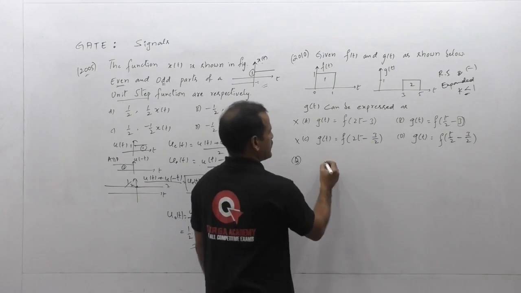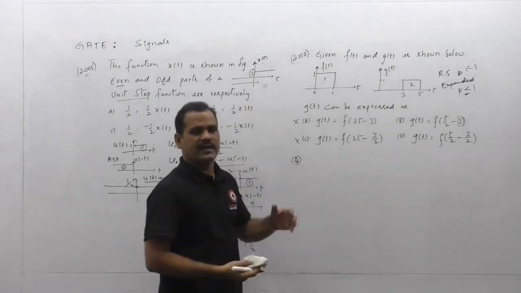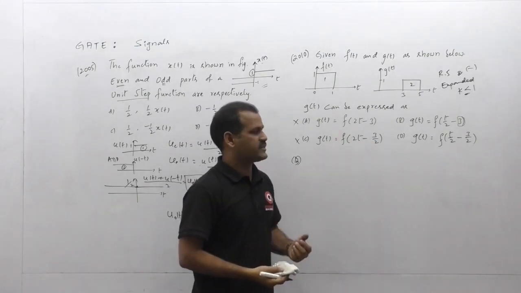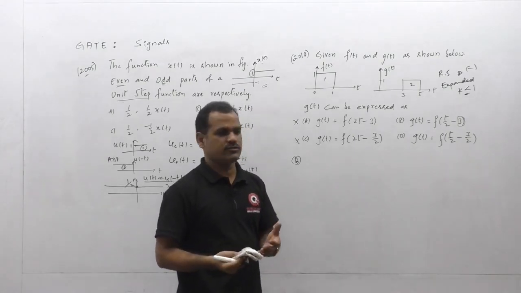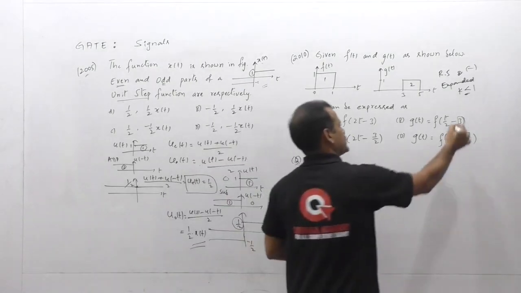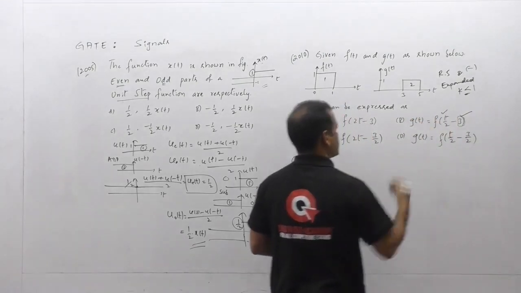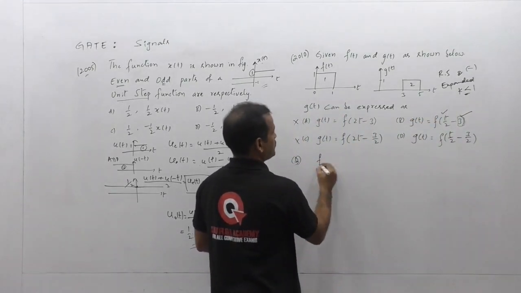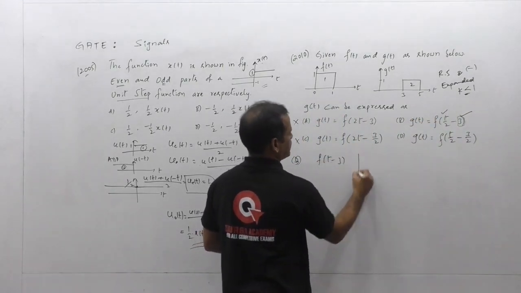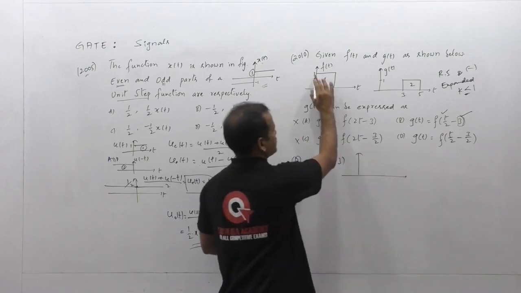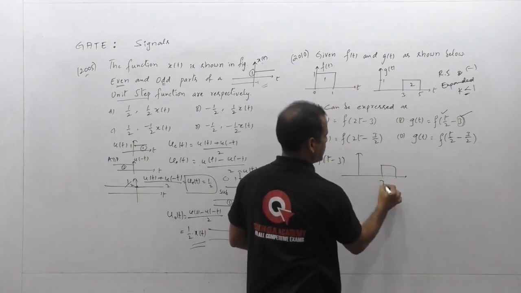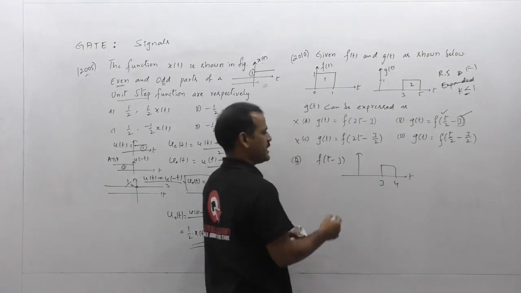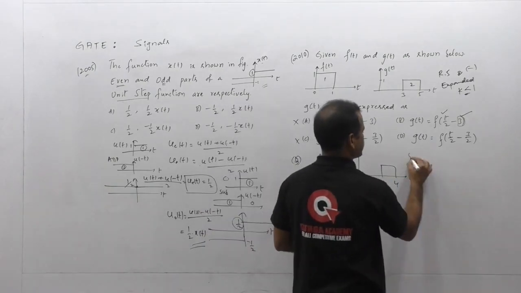Whenever we need to perform shifting and scaling on a given signal, we need to follow the precedence rule. According to the precedence rule, shifting first and then scaling next. So let us take first f of t minus 3. Right shifting the signal by 3 units, we will get 3 to 4 here, and then scaling the signal.